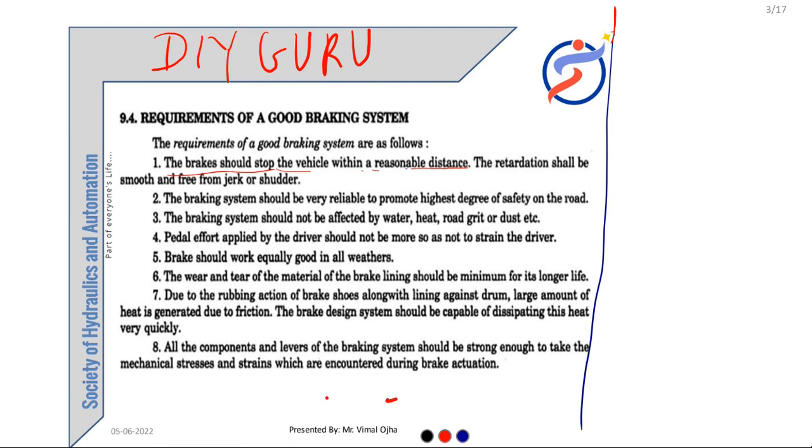If a driver sees an object about 5 meters in front, even at 100 kilometers per hour, the driver can expect the vehicle to stop within 5 meters. The brake should stop the vehicle within a reasonable distance, and the retardation shall be smooth, free from jerk and shudder. It is very important.